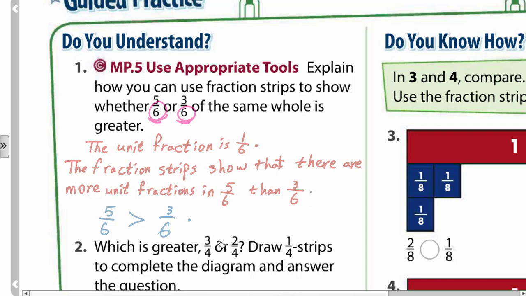Okay, so 5 sectors is greater than 3 sectors. Go ahead, my heroes. Is there anyone writing? No. Okay, so my heroes, let's move to the next question.